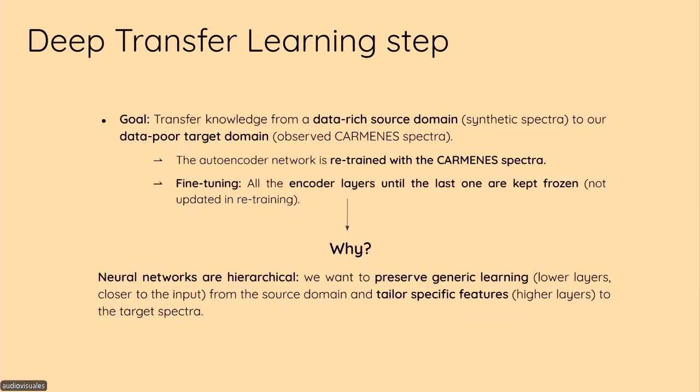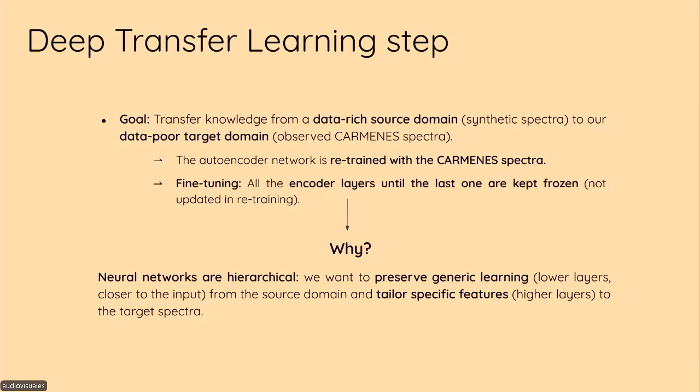For this, we use an approach known as fine-tuning, in which the autoencoder network is trained again with the real CARMENES spectra, but this time we keep all the encoder layers until the last one frozen. By frozen, I mean that they are not updated in this retraining. We only leave free the last part of the encoder.